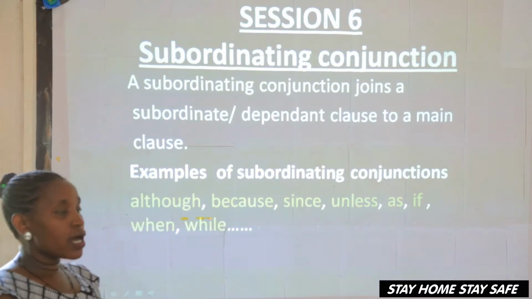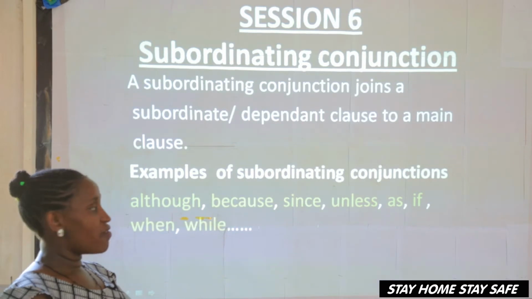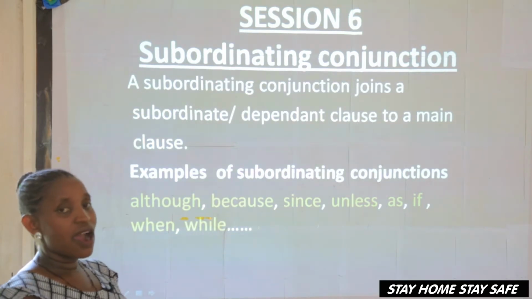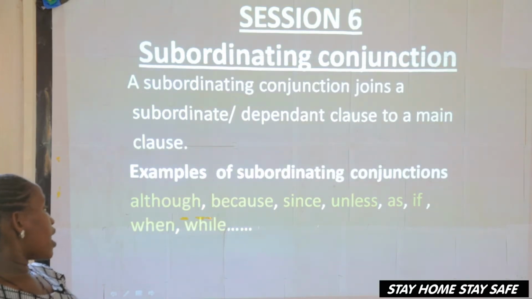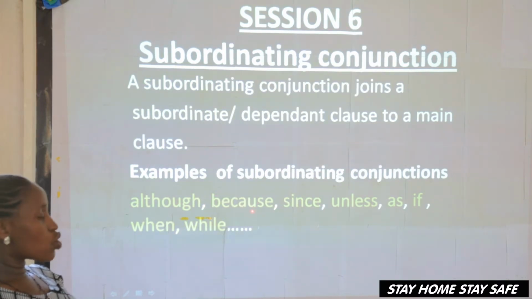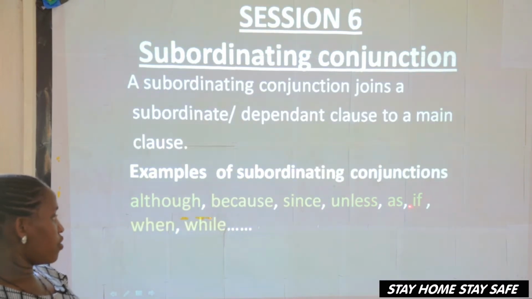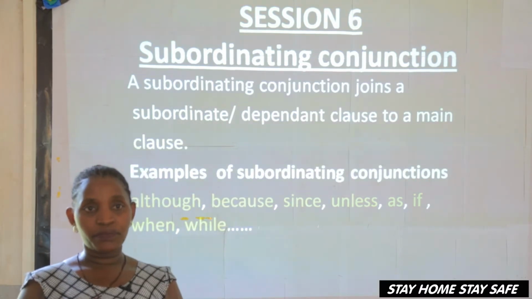So, we come and look at the examples of subordinating conjunctions. There are very many here, I just list a few. So, if someone is following, let us read together. We have although, because, since, unless, as, if, when, while, and when you see these dots, that means the list is still continuing.